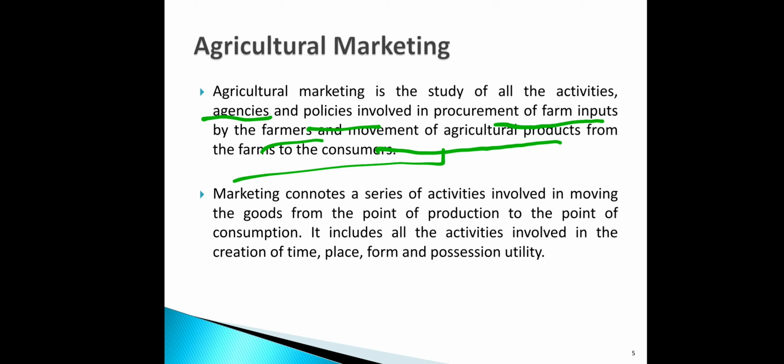So what about agriculture marketing? Agriculture marketing connotes a series of activities. So what is meant by marketing? It is a combination of a series of activities, not a single activity, involved in moving the goods from the point of production to the point of consumption.